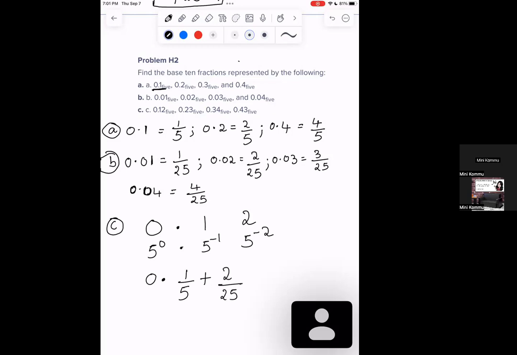So you have 1 over 5 plus 2 over 25. And then you go ahead and make the denominators the same. You will get 7 over 25. All right. So 0.12 in base 10 fraction is 7 over 25.